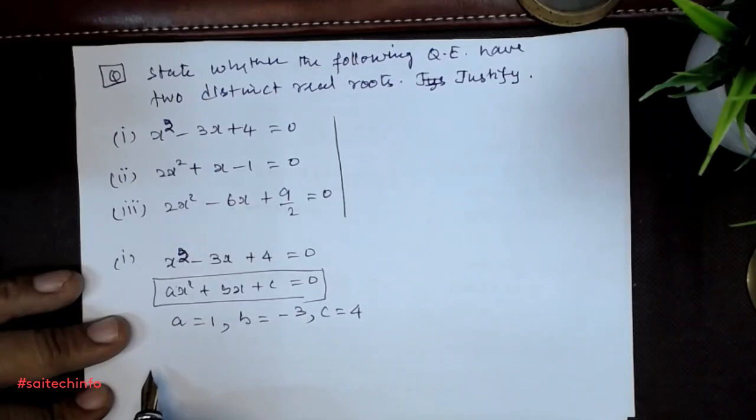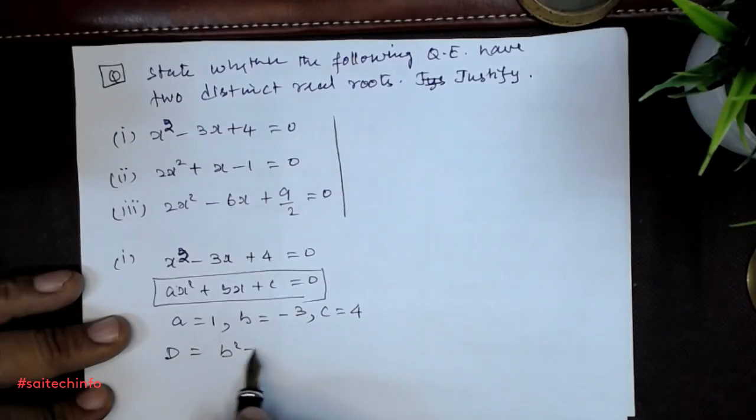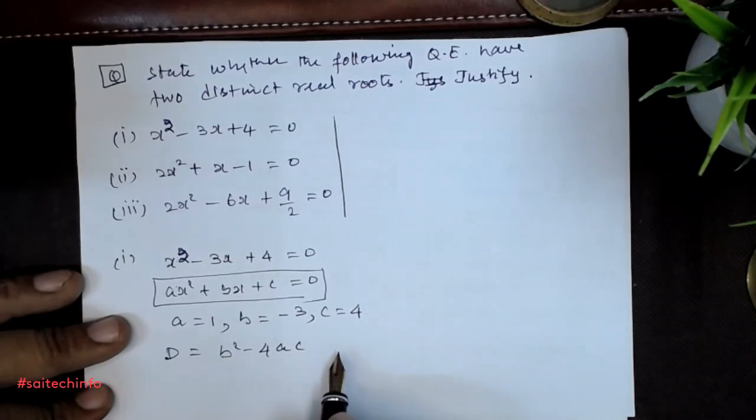Now what is the discriminant? Discriminant is given by d, that is b squared minus 4ac. We have to check whether it is equal to 0, greater than 0, or less than 0.